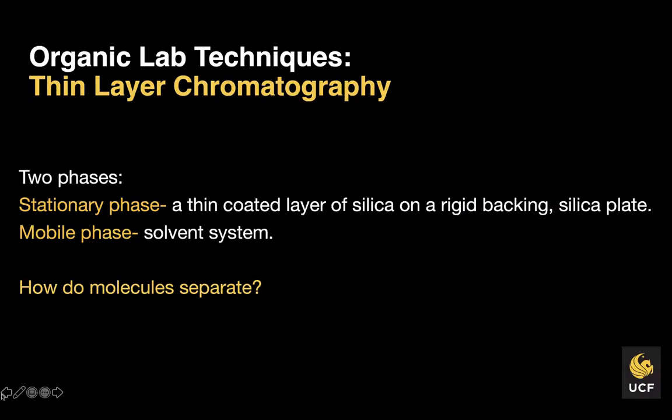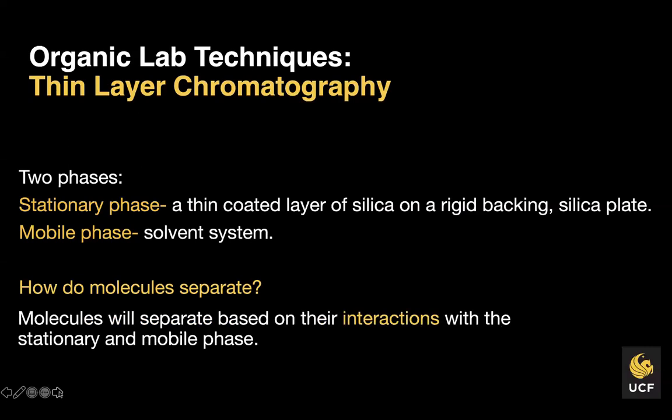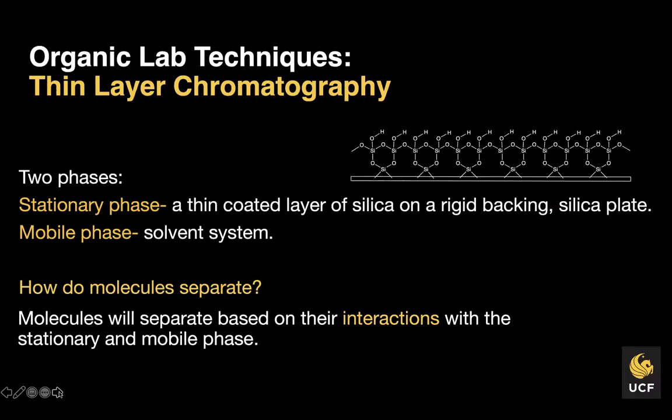Those molecules separate based on intermolecular forces, based on their interactions with the stationary phase, which is basically the layer of silica on the plate, or the mobile phase, which is the solvent system. I'm not sure how many of you looked up what the silica plate looks like, but it's coated with a thin layer of silica that looks like this.